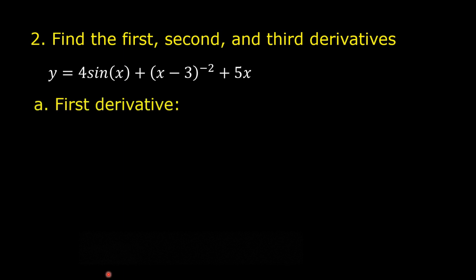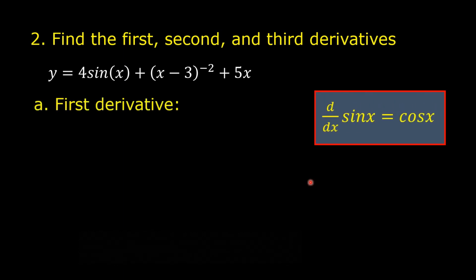For the first derivative, we learned in one video in this channel that the derivative of sine x with respect to x is equal to cosine x. So y prime is equal to 4 cosine of x.